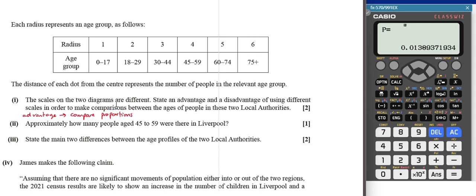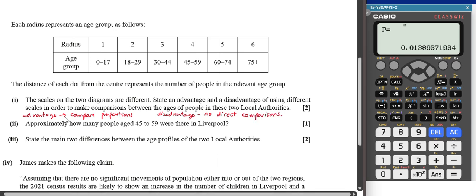Disadvantage, you get no direct comparisons. I'd give that. If the mark scheme says anything different, I'll check it and make a correction.